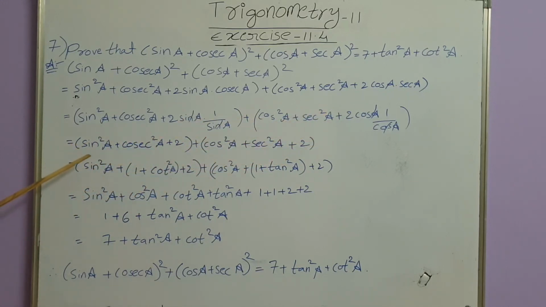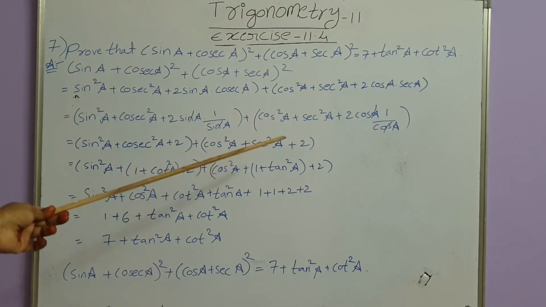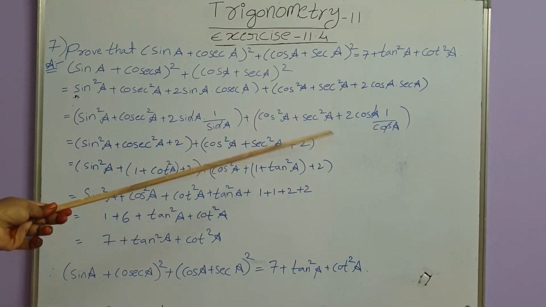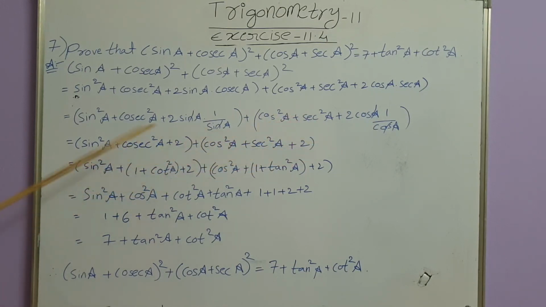Next, sec square A, sin square A plus cosec square A plus, these two are cancelled. We have 2 plus cos square A plus sec square A plus 2, that cos A by cos A are cancelled. We have 2.